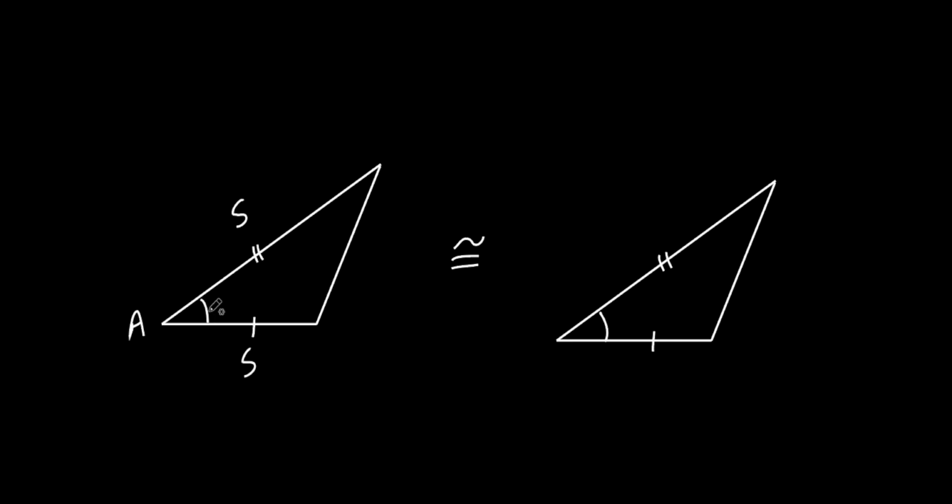Which angle did I talk about? The one that's between the two sides. You got it? So I've got a side, I've got an angle, and I've got a side. This is that same side, this is that same angle, and this is that same side right here. So if they match up like this, and the angle is in between those two sides, which it is here and it is here, these triangles are congruent.